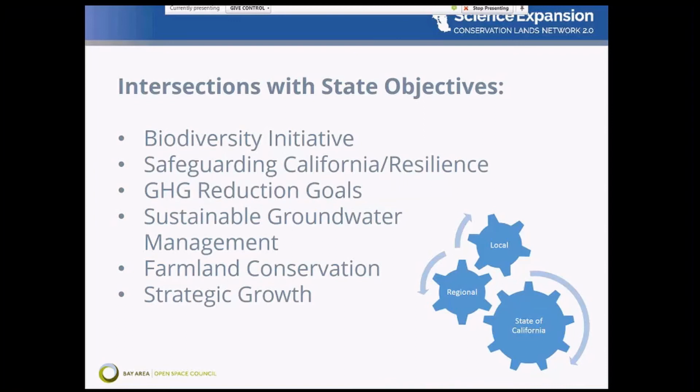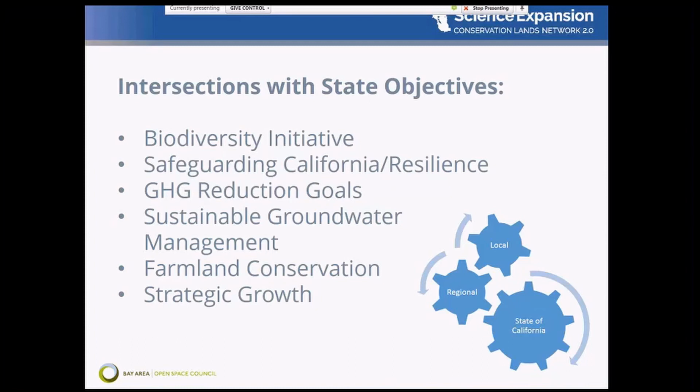We think that if the CLN doesn't perfectly match all of these objectives, it's still forwarding them in significant ways. And we hope to refine the ways in which the CLN can act as sort of a regional synchro between the state's objectives and local implementation.